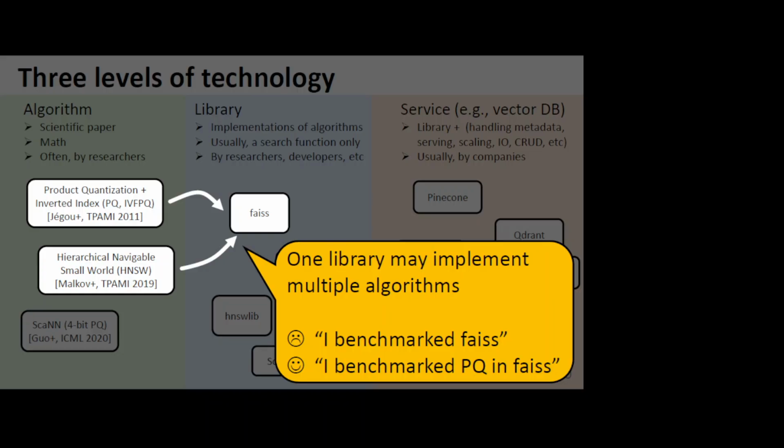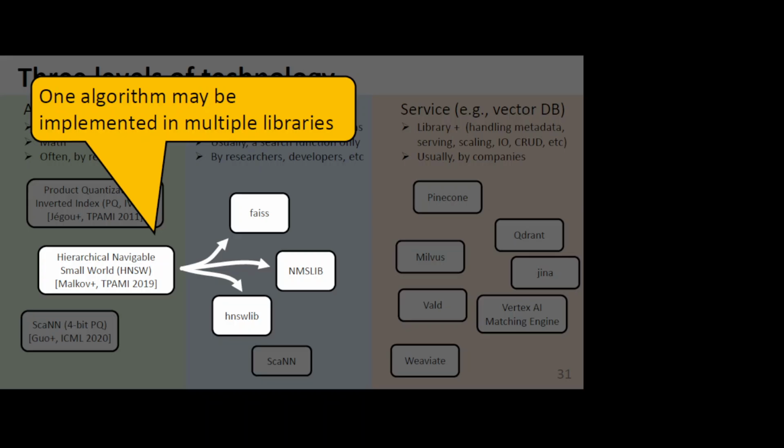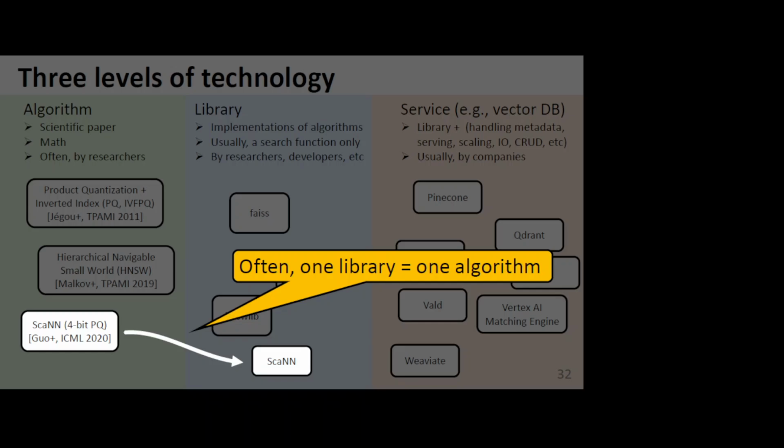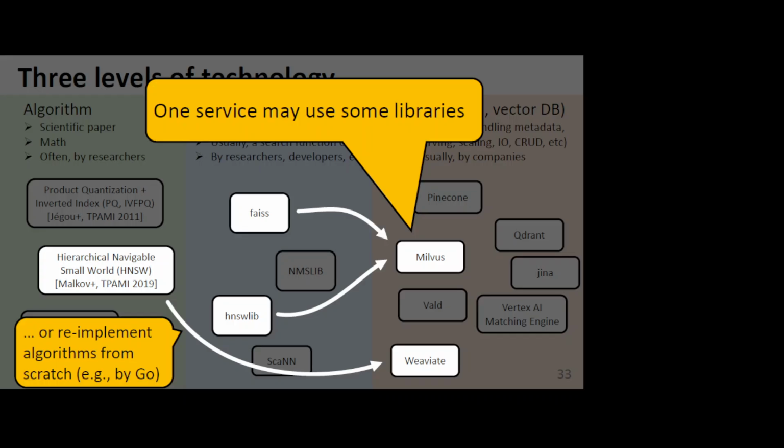Okay, so one library may implement multiple algorithms. Like Faiss, it implemented PQ and IVF PQ, and also HNSW. And one algorithm may be implemented by multiple libraries. Also one service may use some libraries, such as Milvus.